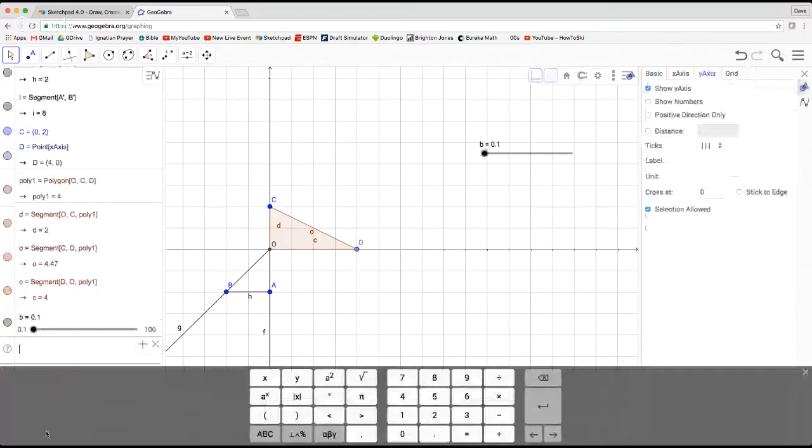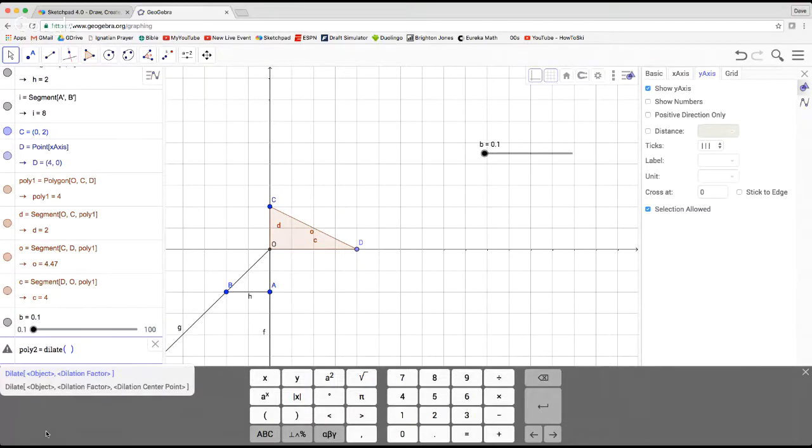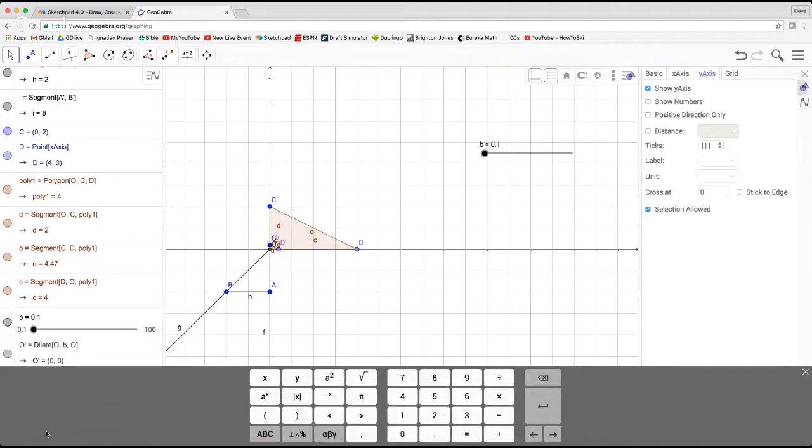Oh, where did that thing go? We're going to poly 2 equals the dilation of poly 1, comma B, comma about 0.0.